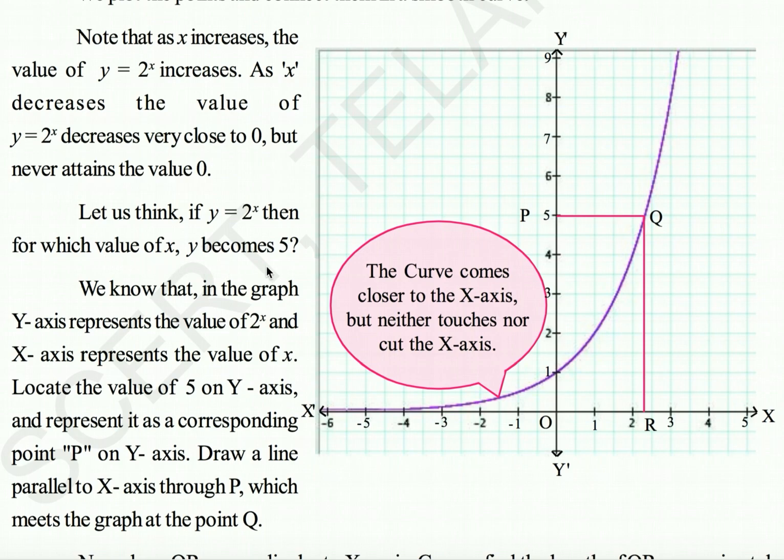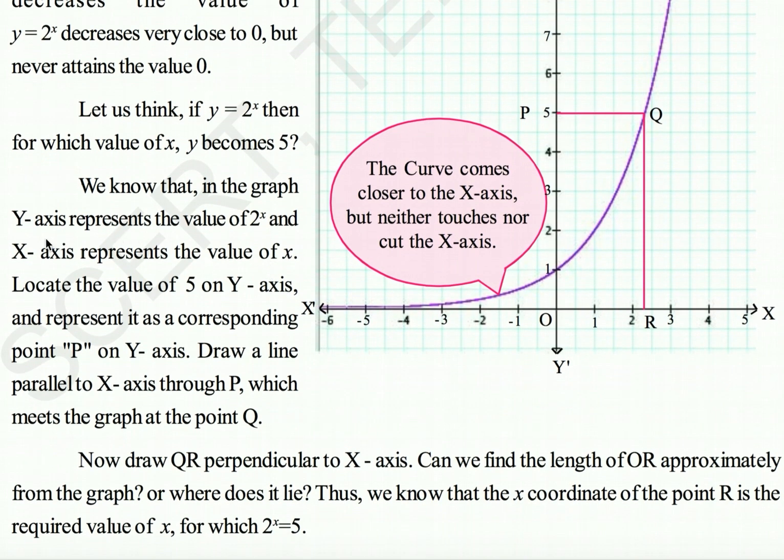Okay, let us think: if y equal to 2 power x, then for which value of x does y become 5? We know that in the graph, the y-axis represents the value of 2 power x and the x-axis represents the value of x. Locate the value of 5 on the y-axis, and represent it as a corresponding point P on the y-axis.